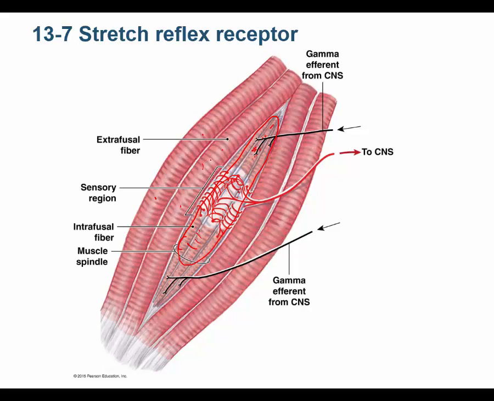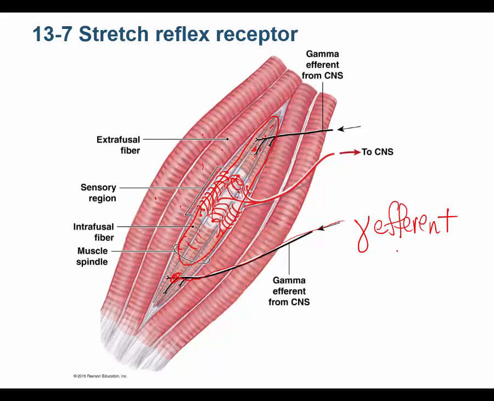In order for that to be true, I must have a motor neuron coming down, innervating my muscle spindle to maintain the same tension. And I do, and it's called a gamma efferent neuron. My gamma efferents innervate my muscle spindle muscles so they maintain the same tension as the surrounding quadricep muscles around it.